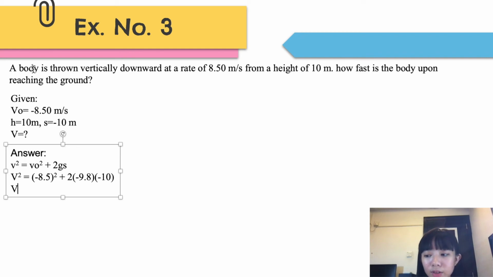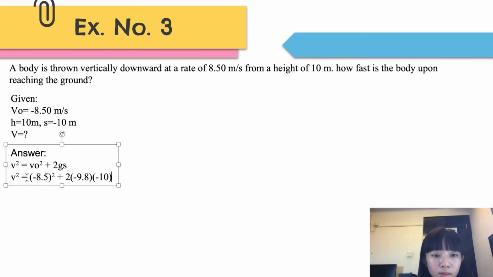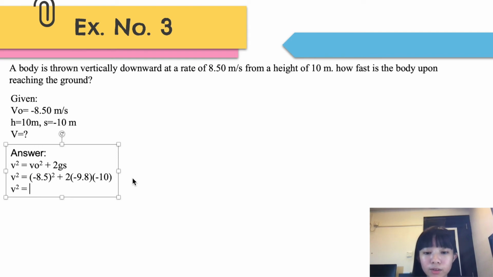We will calculate the value, which will give us velocity squared equals 268.25. And in order to find the velocity, we are now going to take the square root of 268.25.